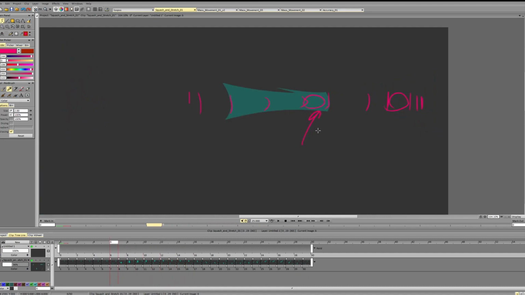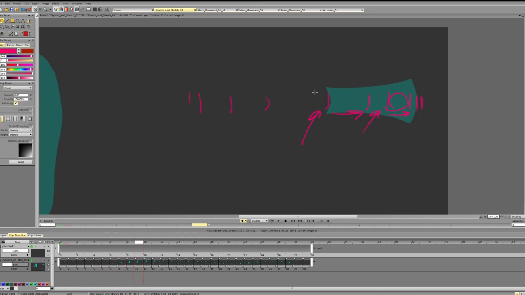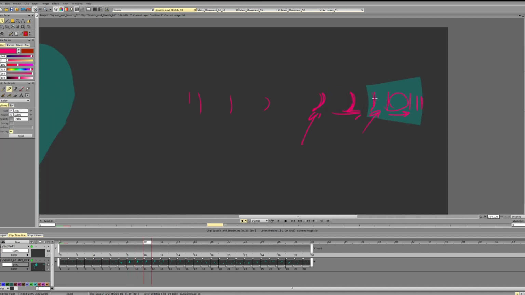So we get deceleration, acceleration, deceleration, acceleration. So we can work a bit on that. Push the tail further here, maybe up to this position, then push it further on this frame, push it further on this frame, and slow it down towards the end.